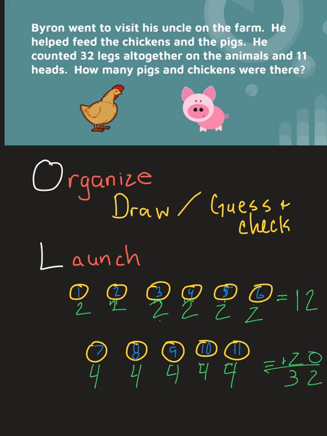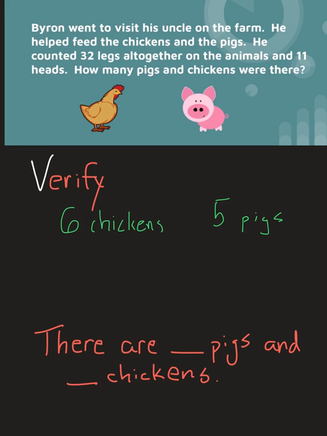Now let's go over to the verify section and plug in those 6 chickens and 5 pigs and see if it all works out. So here we have our 6 chickens and our 5 pigs. We know we can use multiplication to verify this. So if there's 6 chickens, each one of those has 2 legs, and 6 times 2 is 12. There's 5 pigs, and each one of those has 4 legs, and 5 times 4 is 20.